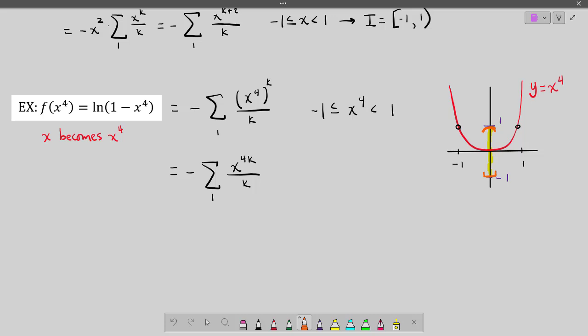Not that it matters here because there's no graph down there. But what are the x's that put us in that interval? -1 to 1. That is our new interval of convergence, so we would write this as open on both sides of that interval. So that's a visual way to do it.